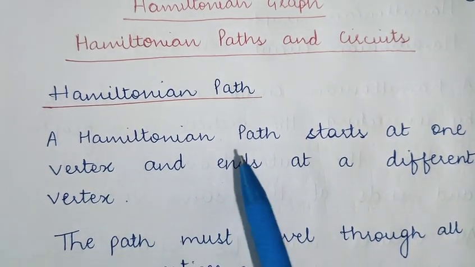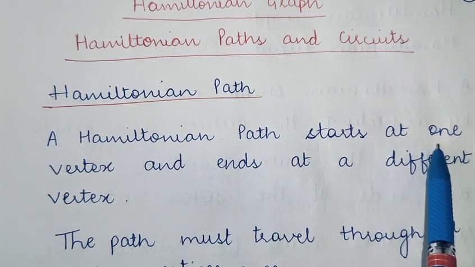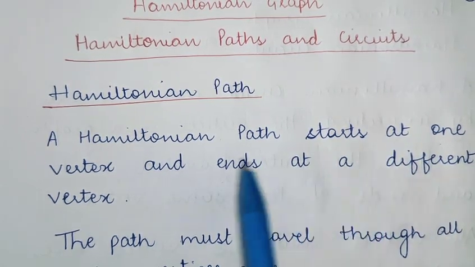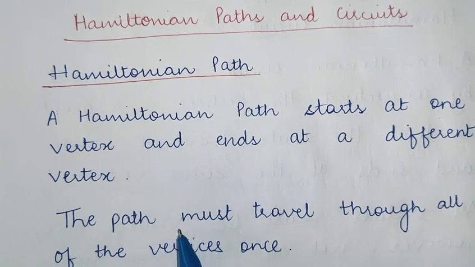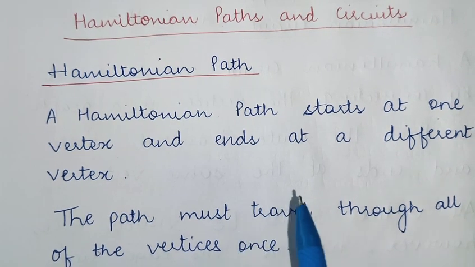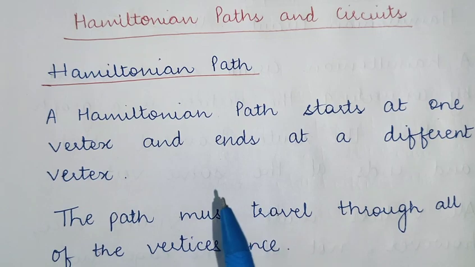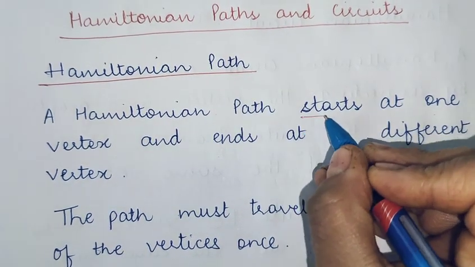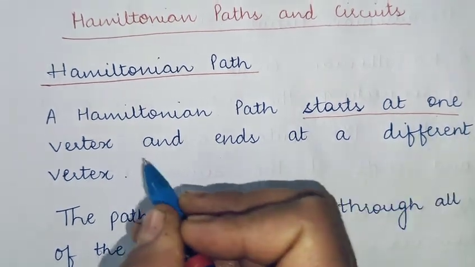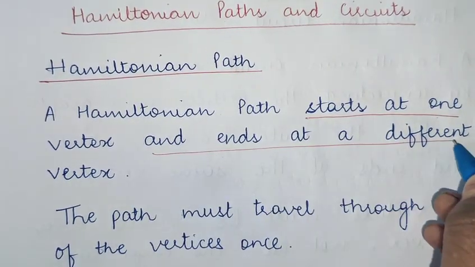A Hamiltonian path starts at one vertex and ends at a different vertex, and the path must travel through all of the vertices once. So very clear and simple rules: the path starts at one vertex and ends at a different vertex.